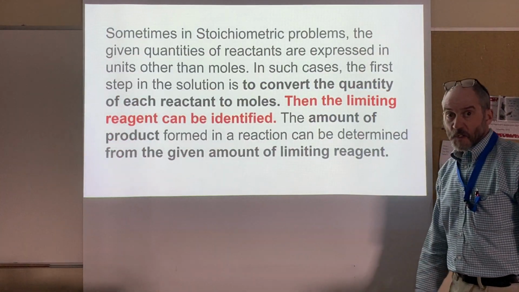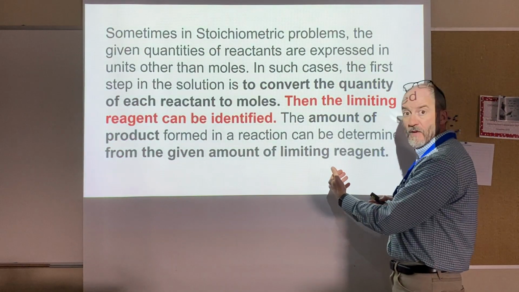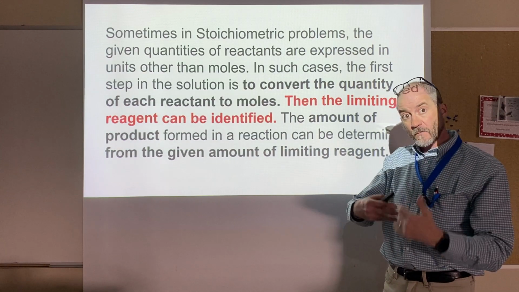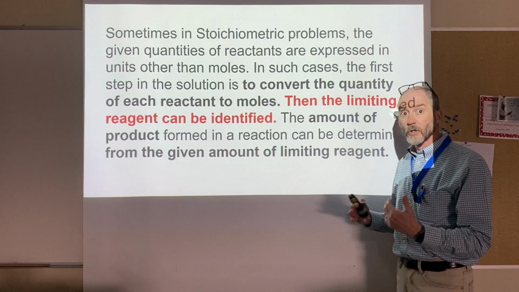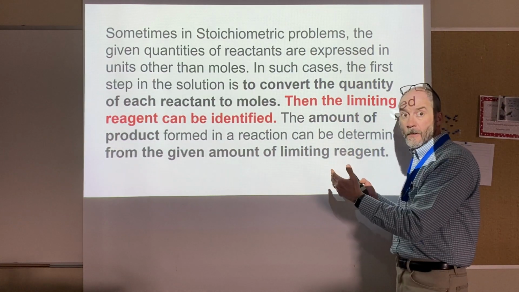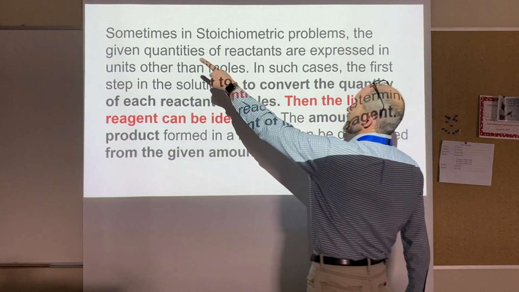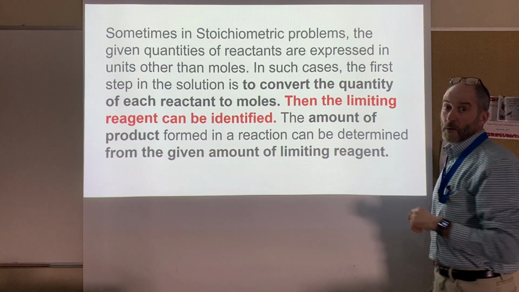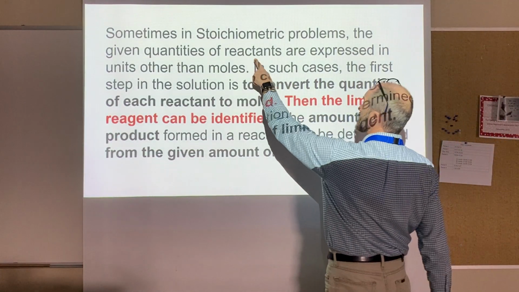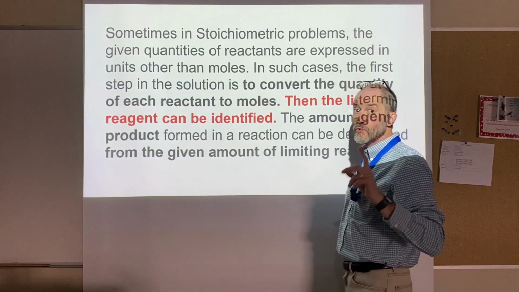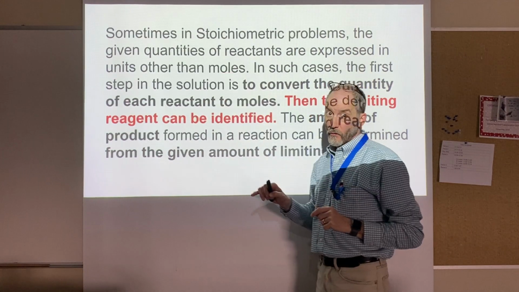So I want you to read this statement with me because it's going to become a foundational statement for the rest of this presentation that we're going to look at several times. It's a mouthful, so we're going to break it down. Here goes. Sometimes in stoichiometric problems, the given quantities of reactants are expressed in units other than moles.